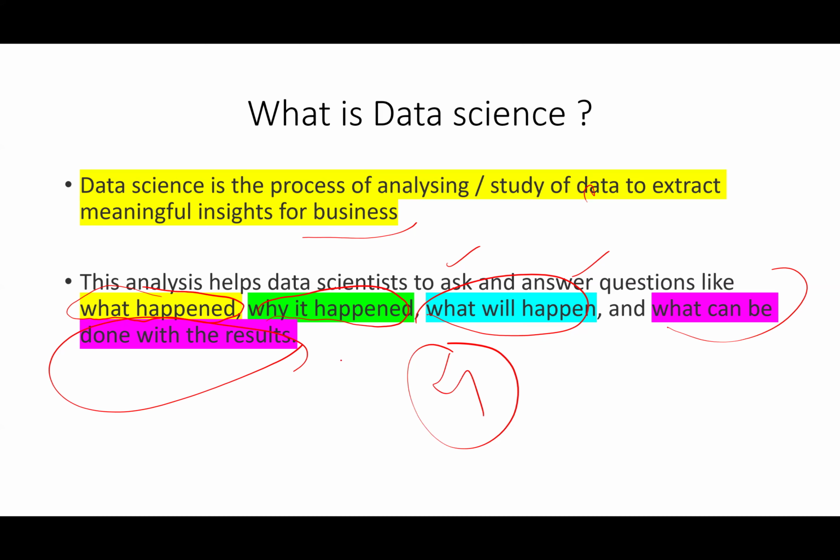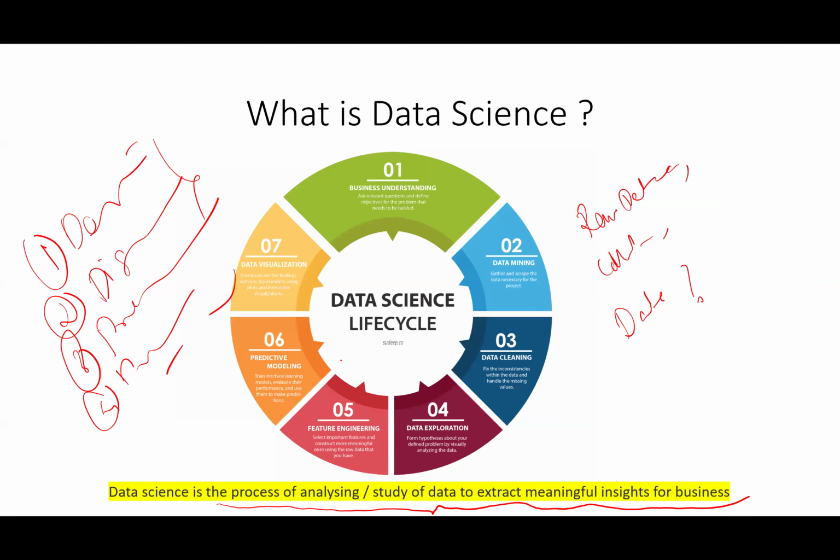Please underline this. So it is very clear that data science is analyzing or studying data to extract meaningful information. It is a process of conducting all kinds of analytics like descriptive, diagnostic, prescriptive, or predictive analytics. It's nothing but data science.